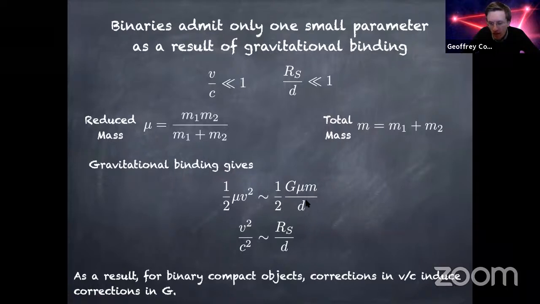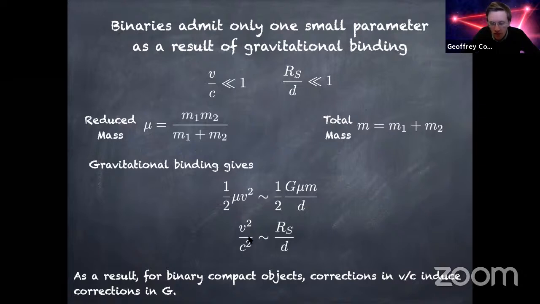This is Newtonian theory of gravitation. So I can remove the mu here, and I have an expression between the Schwarzschild radius of the total mass and the velocity over c. You see there is a square relationship between the two.